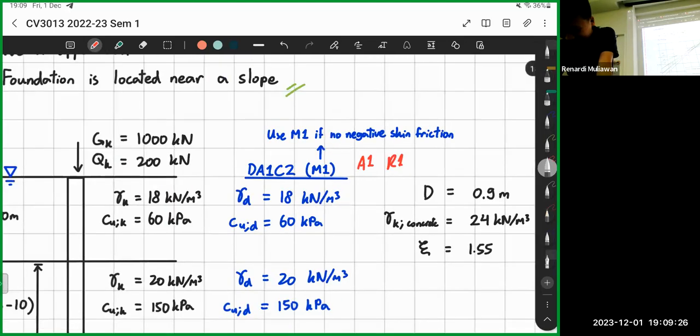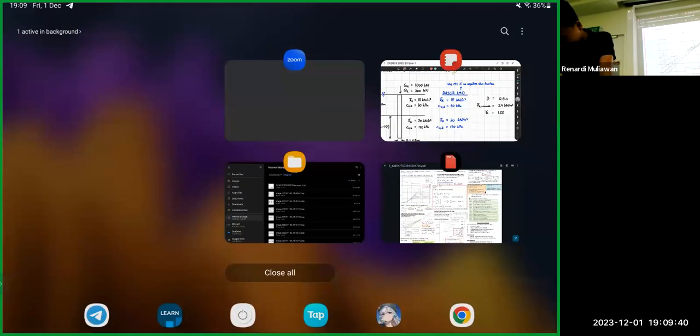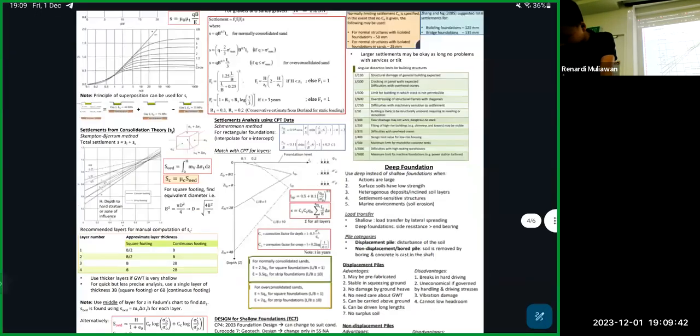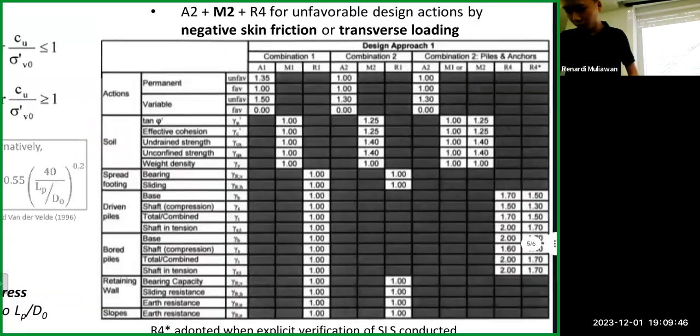Oh, sorry. M1 is when there's no negative skin friction. If there's negative skin friction, you use M4. Oh, it's R4, not M4. So for DA1C2, you use A2.